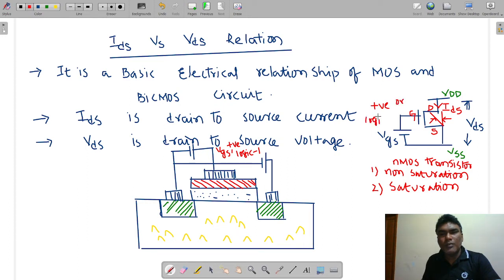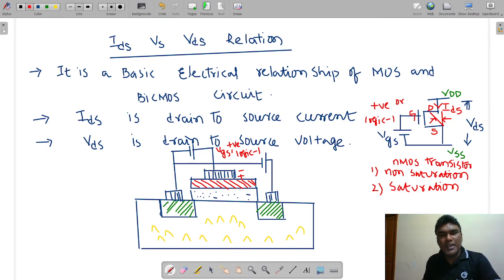A field is induced here. It is a positive terminal, and all negative charge carriers are attracted to this positive terminal. Without applying any voltage, there is no movement of the charge carriers.